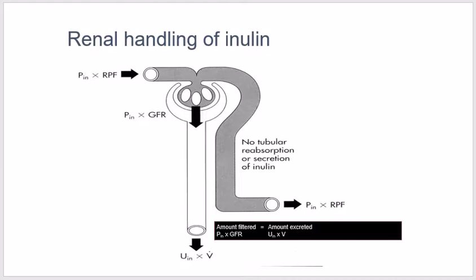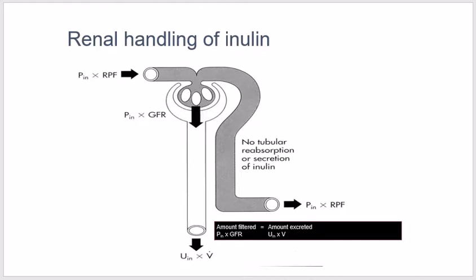Inulin is freely filtered by the glomerular capillaries but is not reabsorbed by the renal tubules. So the plasma inulin is denoted here in the renal perfusion or the renal plasma flow. This shows the renal handling of inulin as an example.